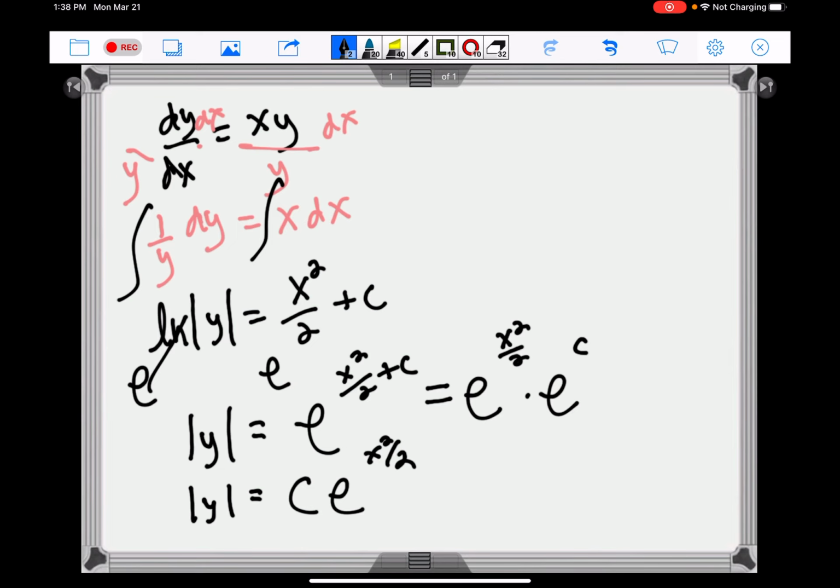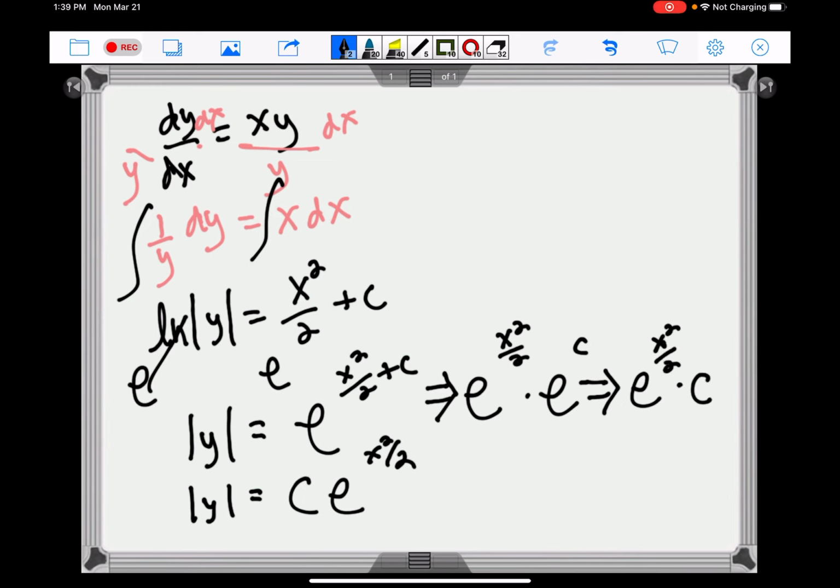e to the c is just c. Because leaving it like this and not moving it to here, mathematicians consider to be redundant. Because e to some random number is still a random number.